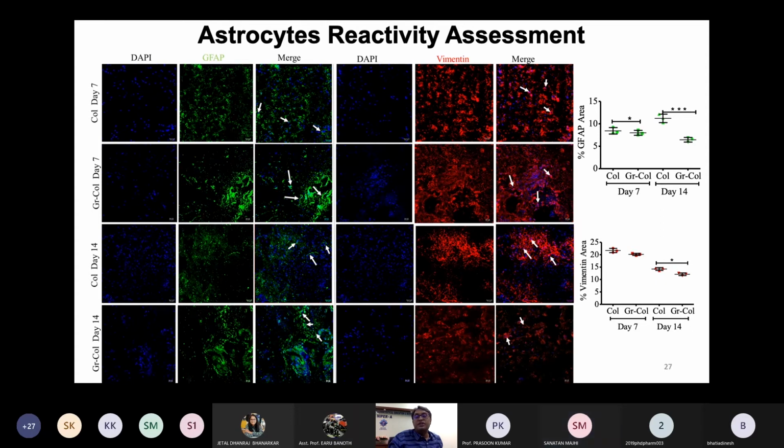Significant differences were found, and there were some deviations in the immunohistochemistry analysis as well, where the differences were not so significant in GR-Col, but by analyzing more than 10 or 12 images, the overall trend shows that GR-Col is suppressing or controlling the astrocyte reactivity.